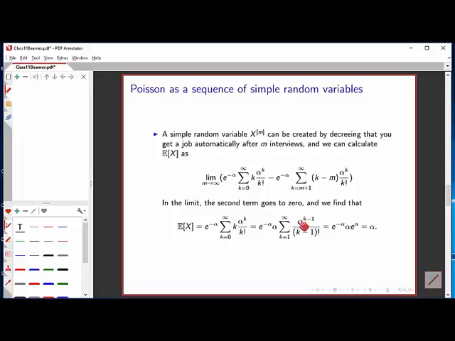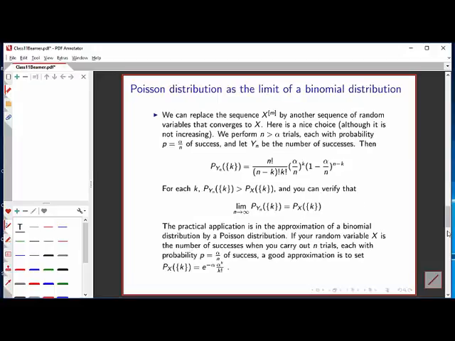E to the minus alpha times alpha to the k minus 1 times alpha is the alpha to the k we started with, and this is precisely the sum we had before. It's the sum for the exponential function, and therefore the expectation of this Poisson random variable is alpha. You may have encountered that result before in some probability course.